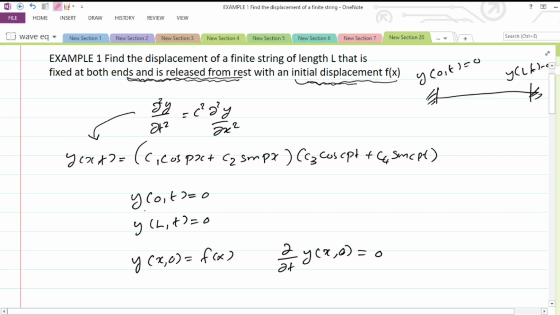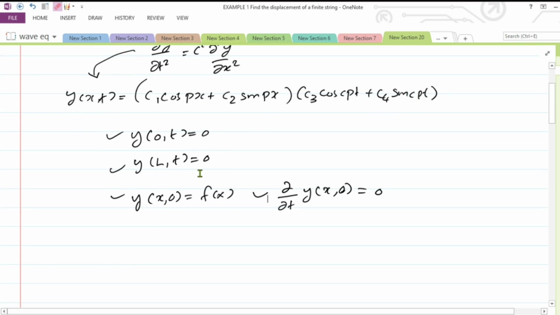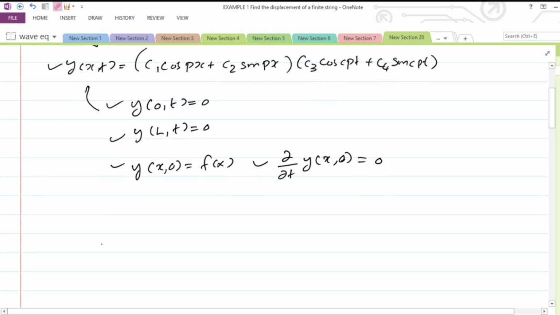So we get four conditions now, and we have the general equation for the one-dimensional wave y of x,t. First of all, we substitute the boundary conditions and update the equation, so we try to find c1, c2, c3, c4 here.